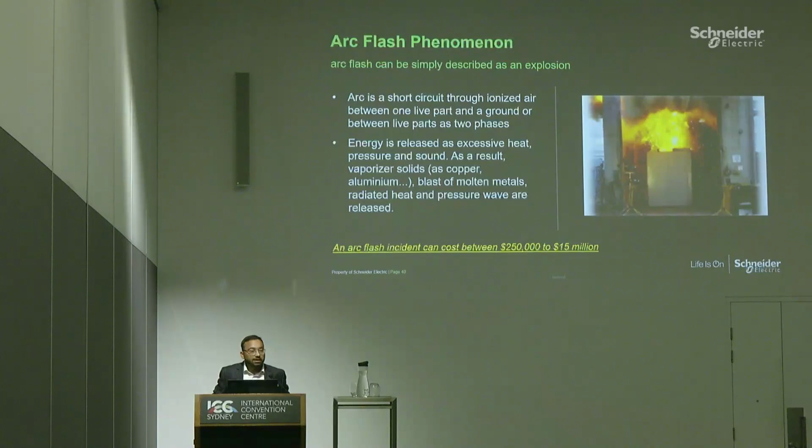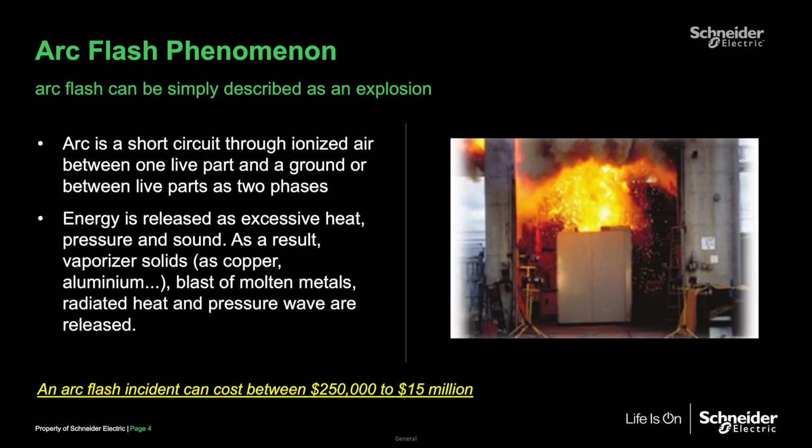Arc flash can be a short circuit, can be any small accident, any small human error, a tool left inside the substation or a switchboard, a rodent or reptile entering something. What does it lead to? It leads to an excessive amount of energy, in the form of heat, pressure, temperature, gas, sound, and we call this arc flash or flashovers.